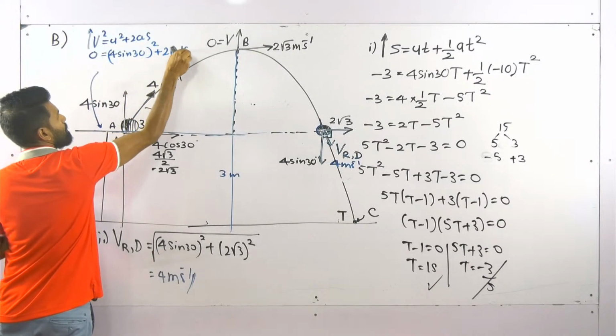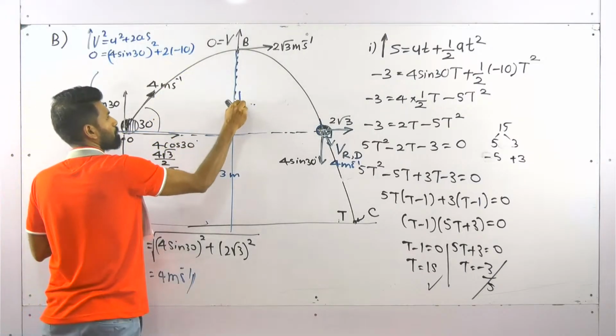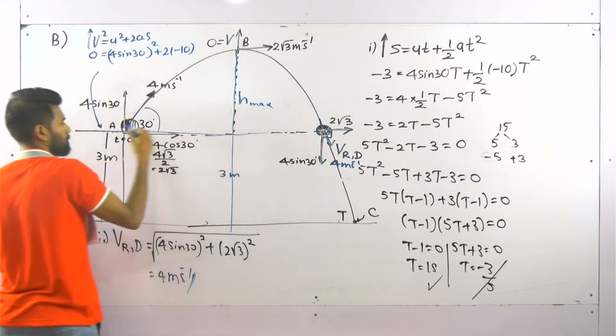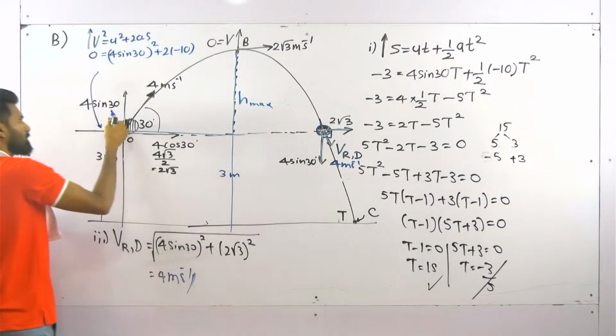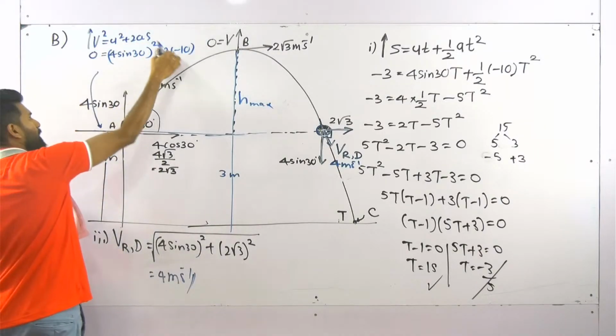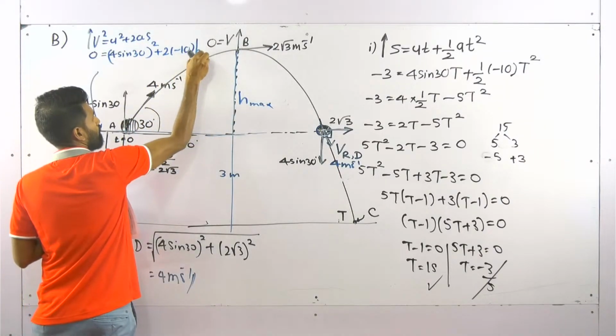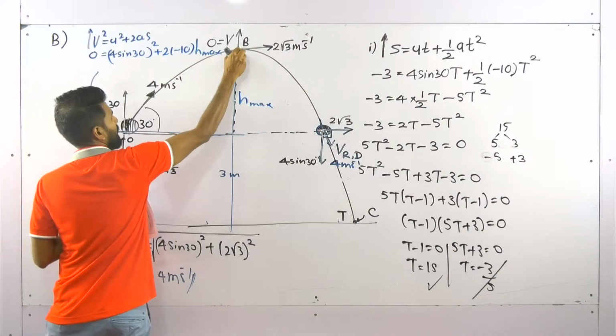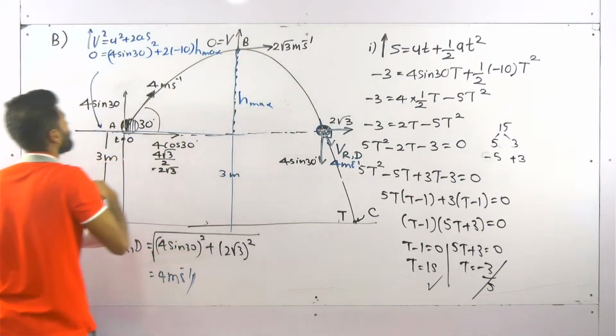0 equals (4 sine 30) squared, 2 times minus 10 times h max. With respect to the level that it started, the initial velocity is 4 sine 30, and at the highest point, it doesn't have upward velocity.